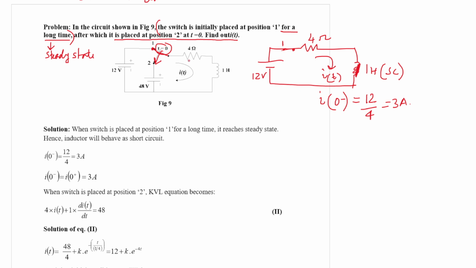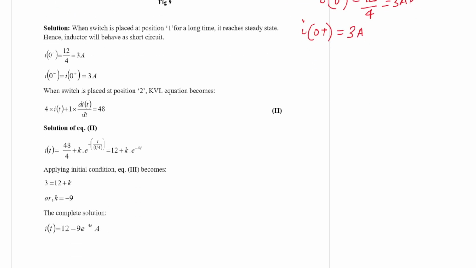Just before the switching operation, the inductor behaves like a short circuit and the current flowing through it will be 12 by 4, that is 3 ampere, and due to the property of the inductor, I0 plus will also be 3 ampere. So I0 minus is equal to I0 plus is equal to 3 ampere, right?